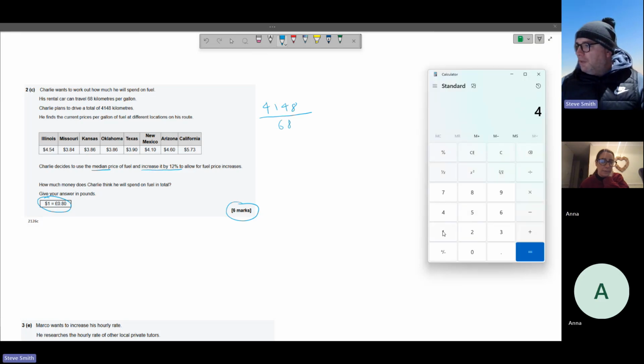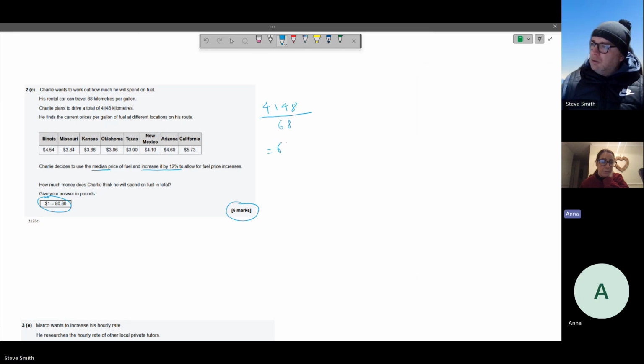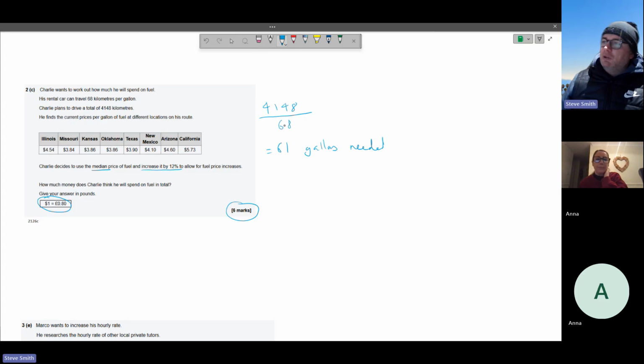So we're going to go 4,148 total distance divided by how far per gallon, 68. So we can clearly see now he needs 61 gallons. And that's the easy part, really, because we've got the total distance divided by how far his car goes per gallon, and we've got 61 gallons.